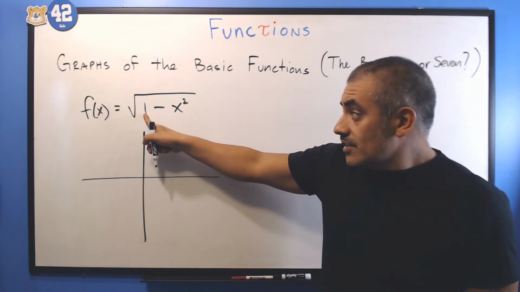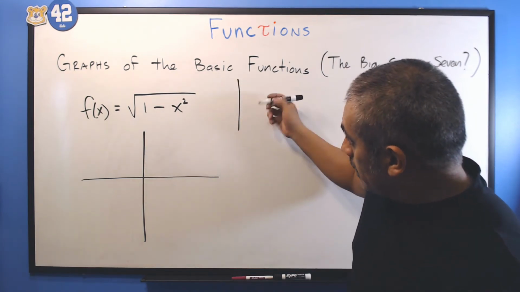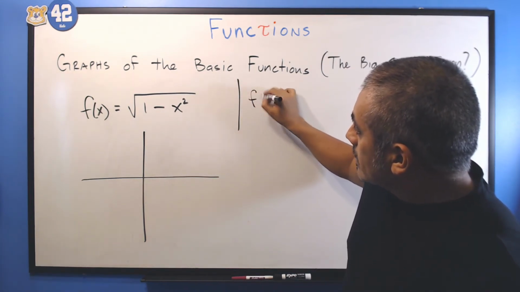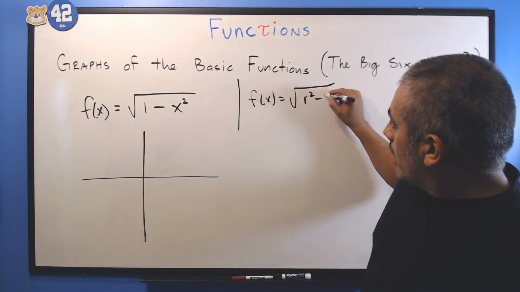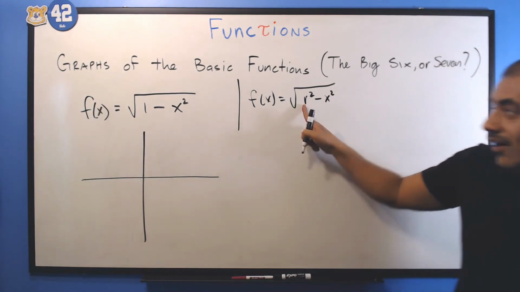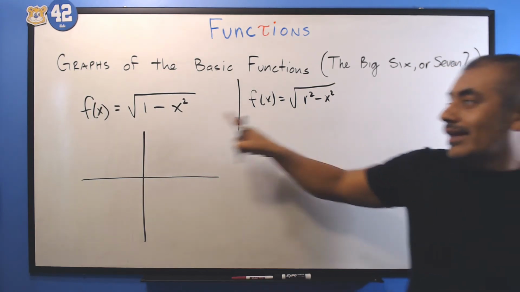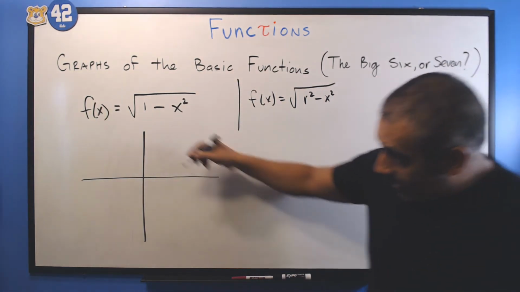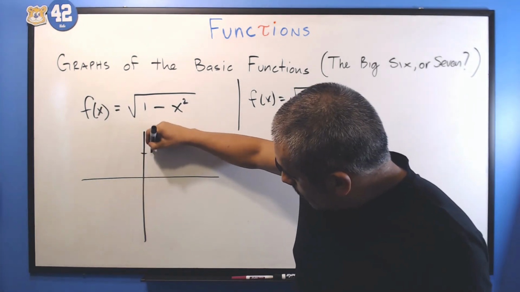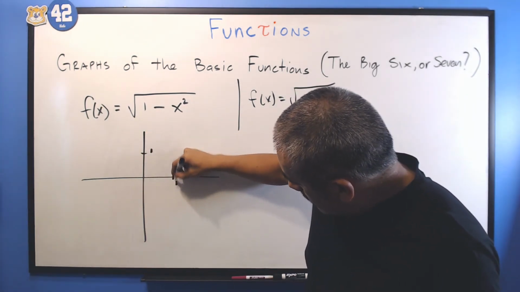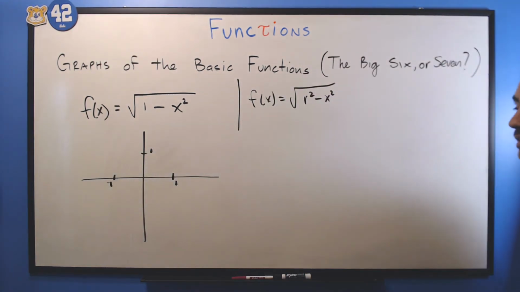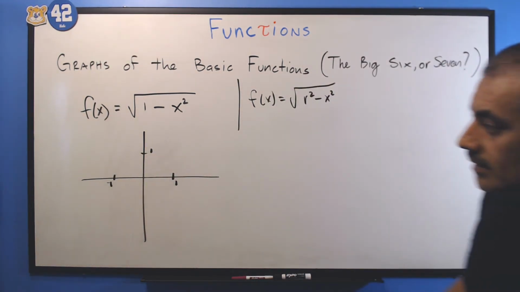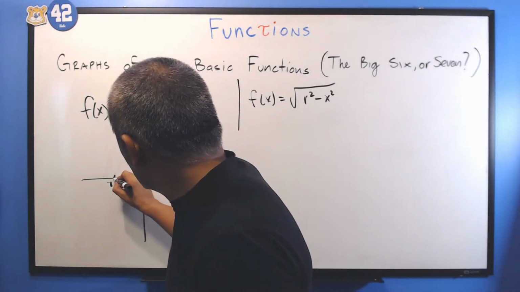The general form would be f of x equals the square root of r squared minus x squared. So then the square root of that will be the radius. So in this case, the radius is 1, so we can put a 1 here, a 1 here, and a 1 here, but of course this one's -1 because of the negative axis. And our semicircle simply goes like that.